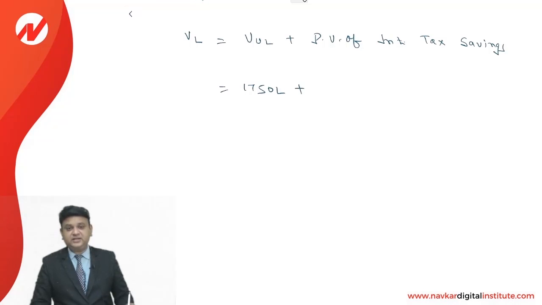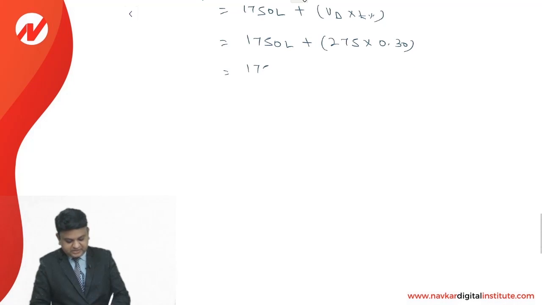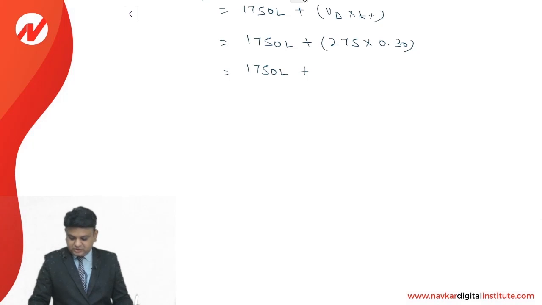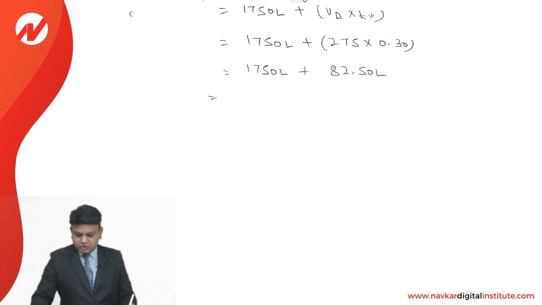Plus present value of the interest tax saving can be calculated by using a very simple formula. It is value of debt into income tax rate. 1750 lakhs plus 275 lakhs into 0.30. That comes to 82,50,000. So the total answer comes to 1832.5 lakhs.